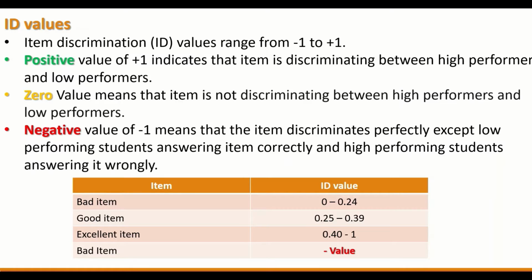As shown here in the table, the range for the ID value is listed, and the items are classified as either a bad item when the ID value is from 0 to 0.24, based on Kelley's formula, a good item when the value is between 0.25 and 0.39, and an excellent item when the value is between 0.4 and 1.